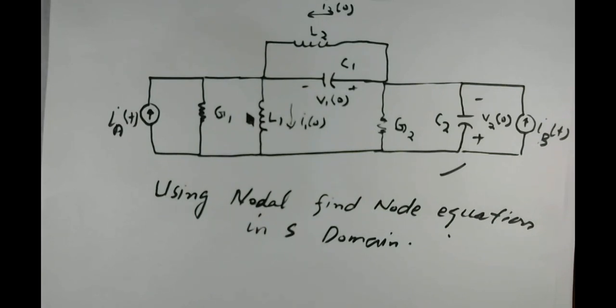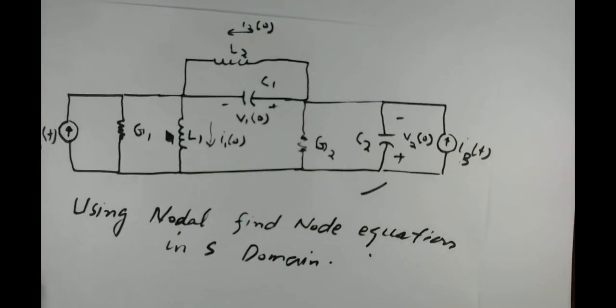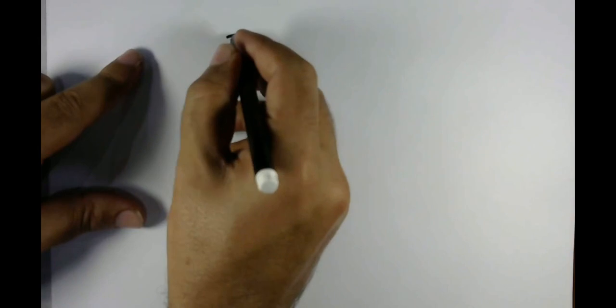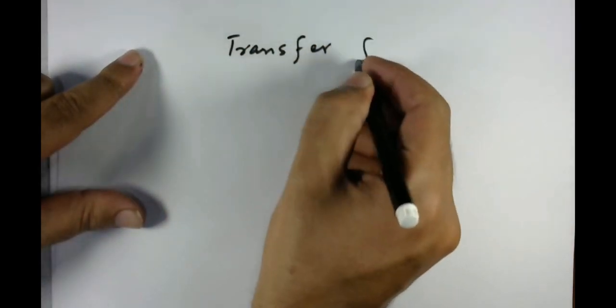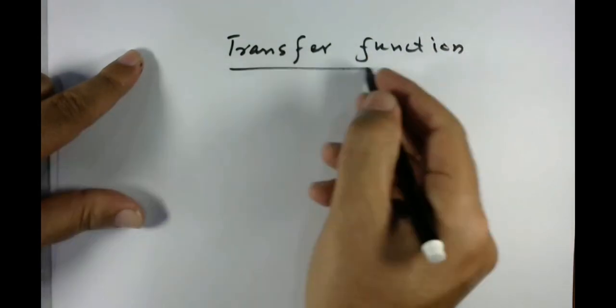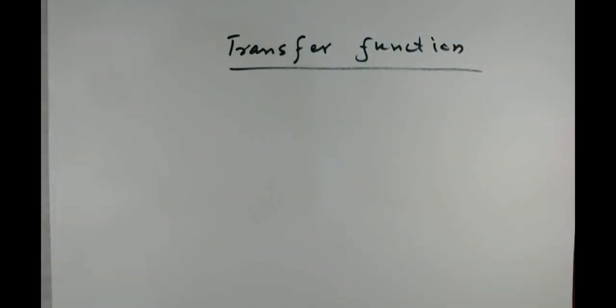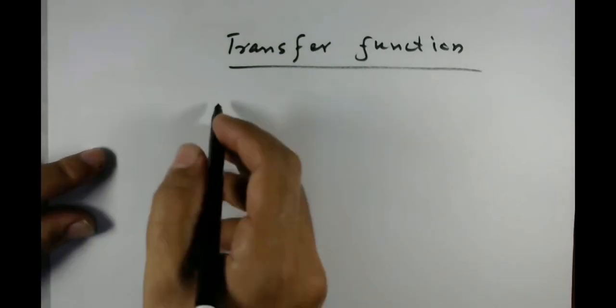Further in this chapter 14, you have another topic called the transfer function. I think I already gave you the idea of how you can find the transfer function of a given circuit. I'll just revise a little bit.